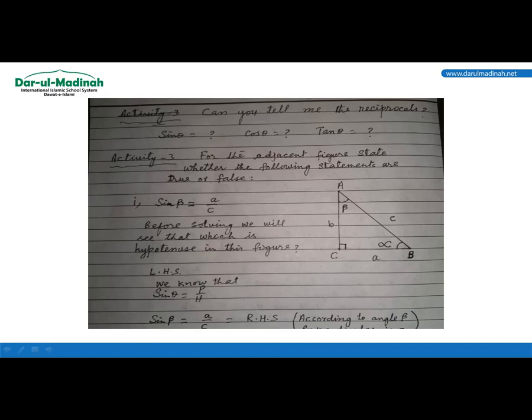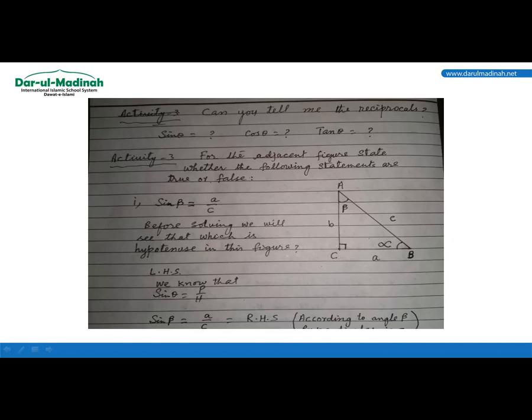So when we change the angles, these are the two acute angles, if we are discussing beta or alpha, our perpendicular will change. For this angle, perpendicular is A, and for alpha, the perpendicular is B.